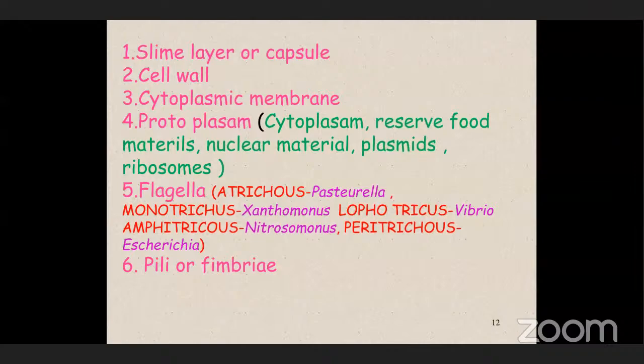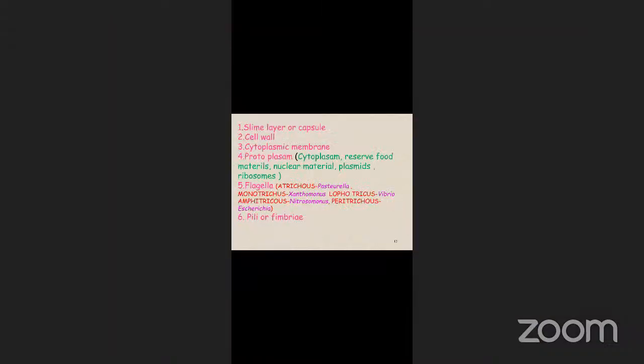Okay, so do you understand the ultrastructure of the bacterial cell wall? Yes, students, do you understand this bacterial cell wall structure? What are the components of the bacterial cell? Any doubts regarding this? Sir, can you show me the pili and fimbriae diagram?